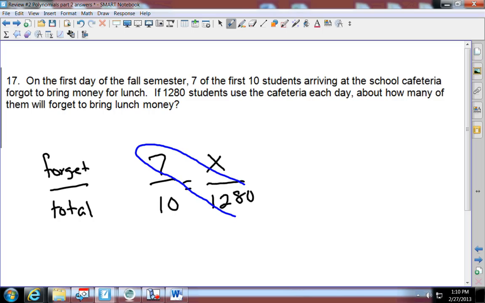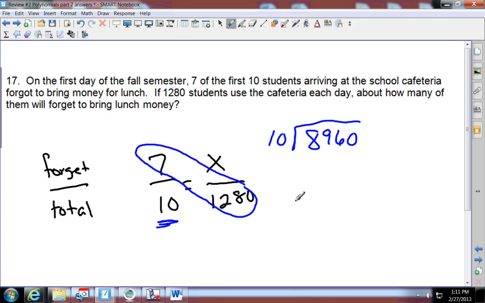So I'm going to multiply these two numbers. What's 1,280 times 7? 8,960. Okay. And then you need to divide by this number.